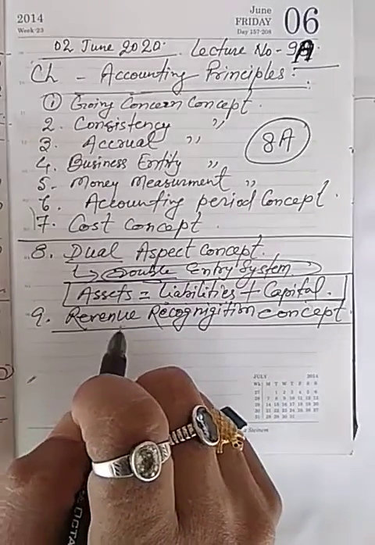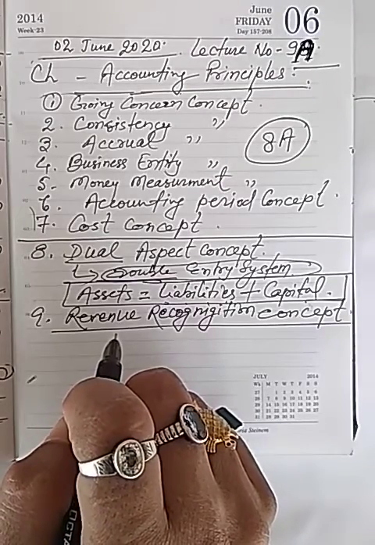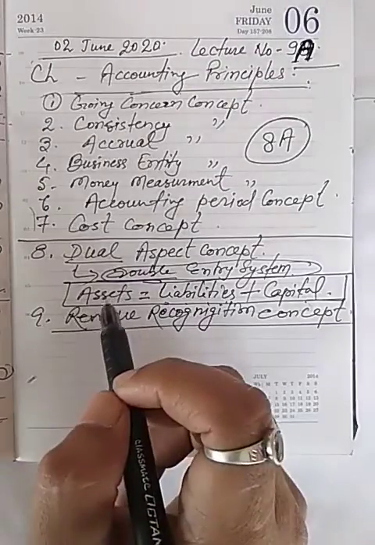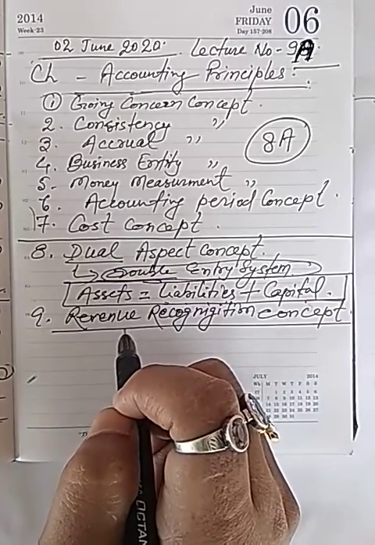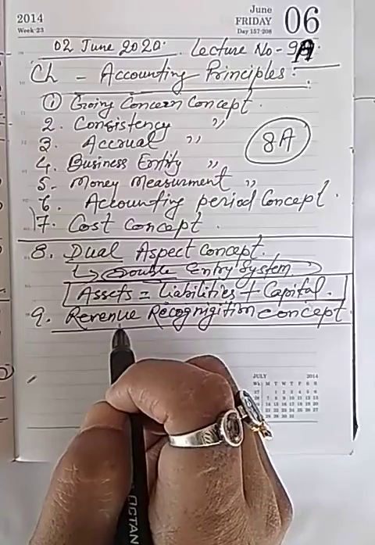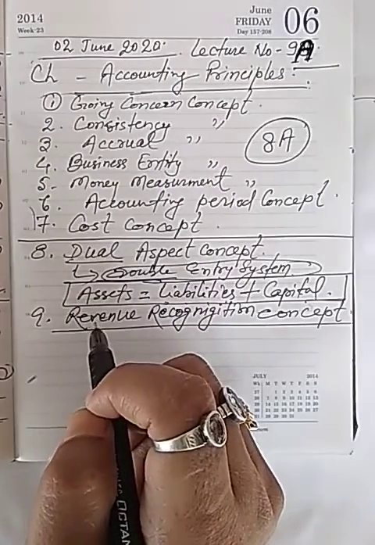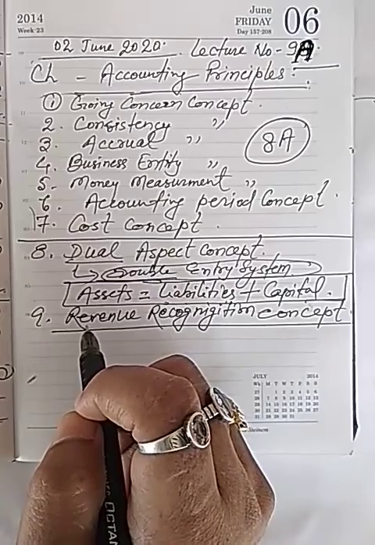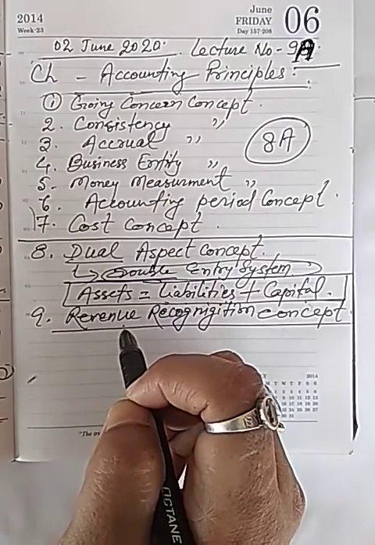Revenue is deemed to be realized when the title or the ownership of the goods has been transferred to the purchaser, and when he has legally become liable to pay the amount.